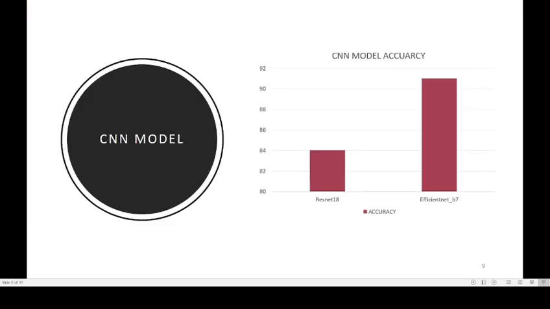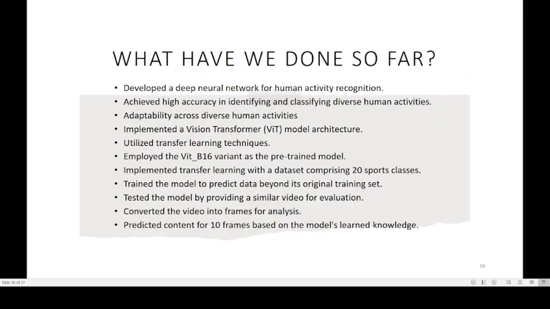We trained the CNN model through transfer learning using ResNet18 and EfficientNet-B7 pre-trained models on the sports dataset, with accuracies of 84% and 91% respectively. We explored training convolutional neural networks for human activity recognition using both traditional and transfer learning methods.